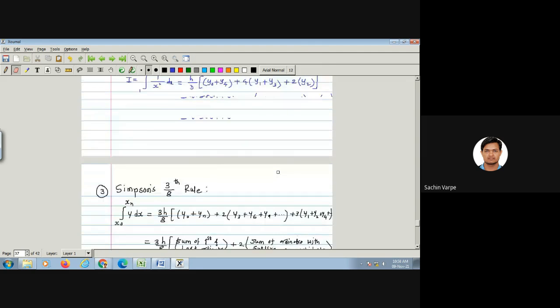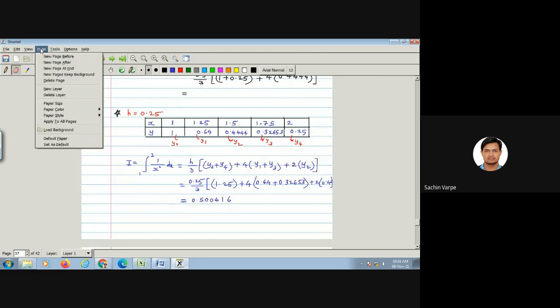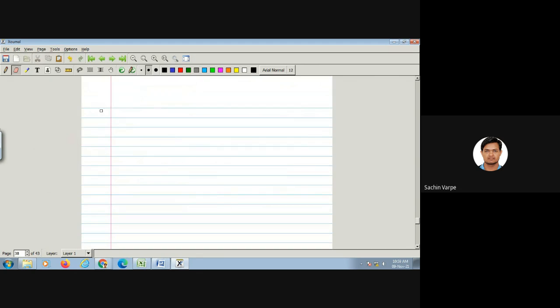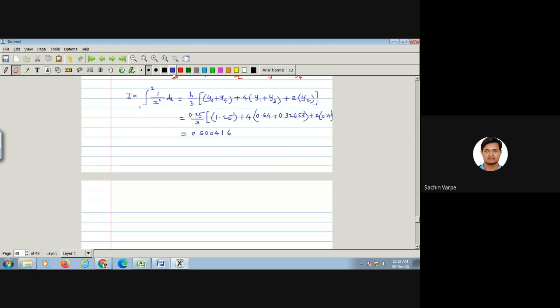We can see here by considering one example. A function f(x) is described by the following data. Data is given as x values and y values.